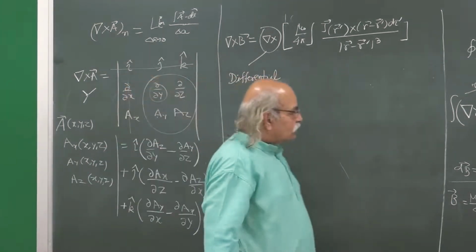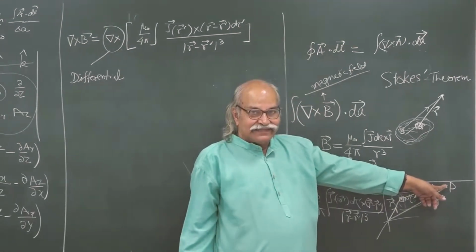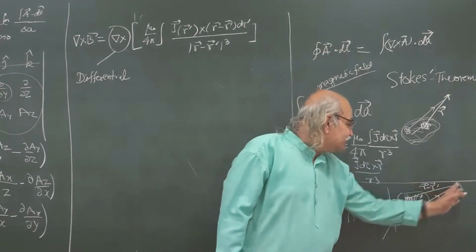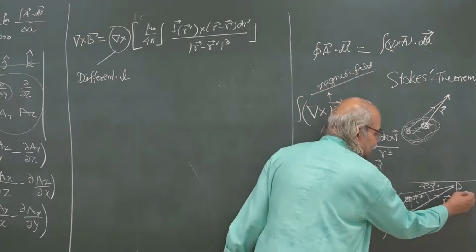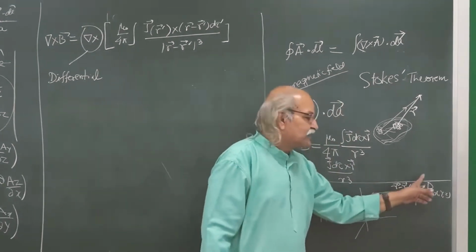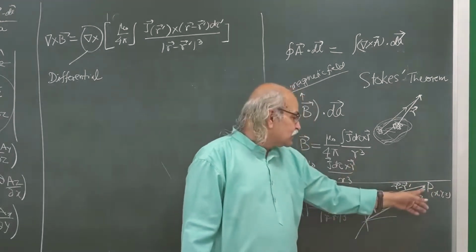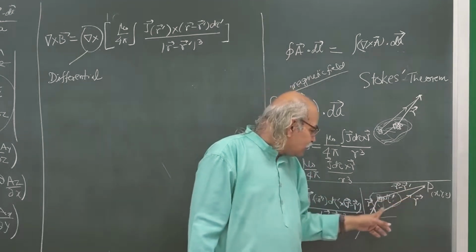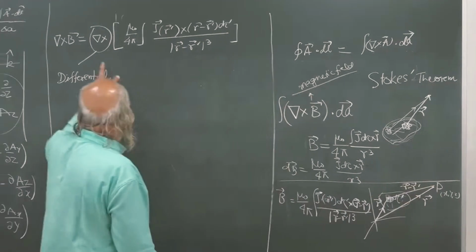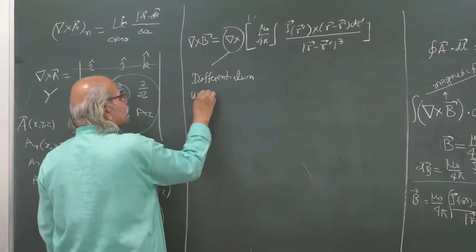At this point this is Ax, this is Ay, this is Az, in our case now magnetic field, and then if x changes a little bit, this point is shifting. If y changes by del y, this point is changing, so this r vector itself is changing. So, remember, for differentiation the unprimed quantities are changing.